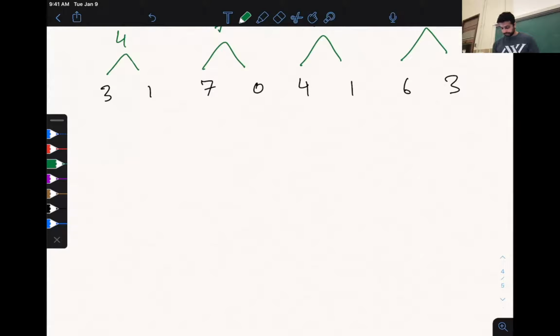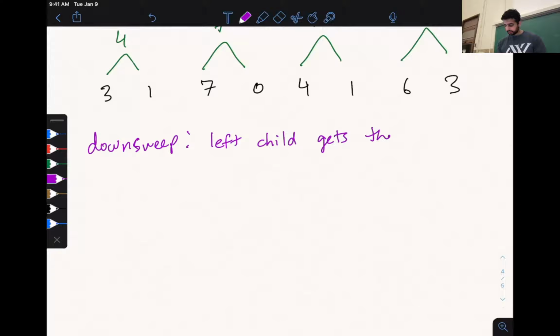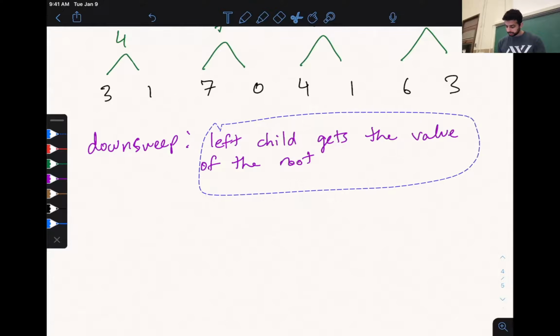So maybe I'll write that in a different color. In the downsweep, we do the following. Let me put this down a little bit.